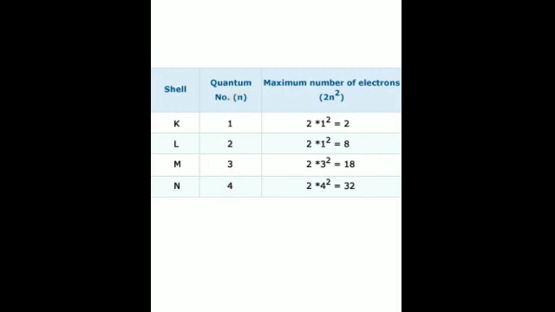The maximum number of electrons according to the formula 2n square is 2 in the first shell, 8 in the second, 18 in the third, and 32 and so on in the rest of the shells. Is it clear? So this is the first rule of the Bohr-Bury scheme: the maximum number of electrons that can be present in a shell is given by the formula 2n square, where n is the shell number.